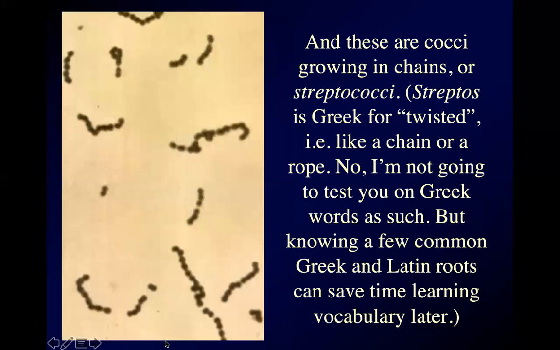And then bacteria that grow in chains, the Greek word for twisted like a rope is streptos, and these are some streptococci. If you've ever heard of or had strep throat, it is caused by a particular type of streptococci.